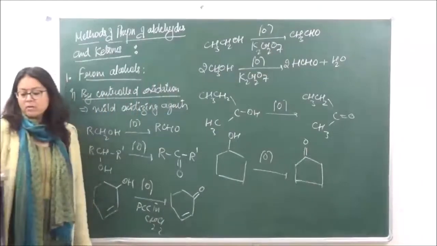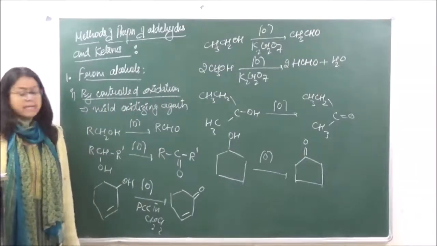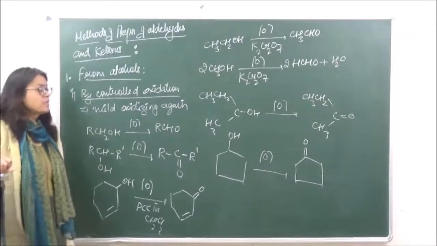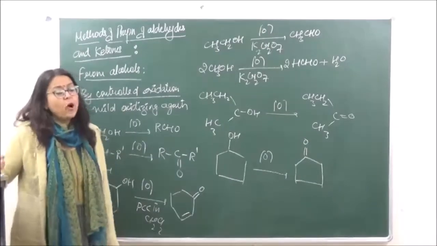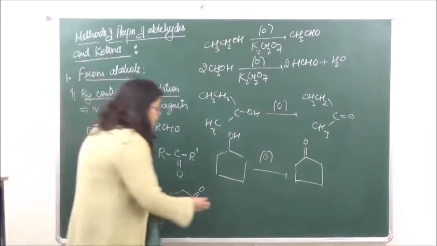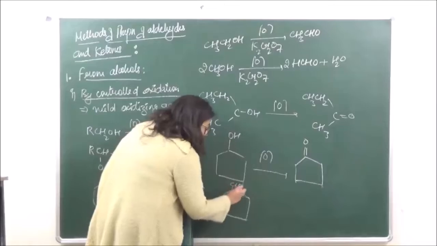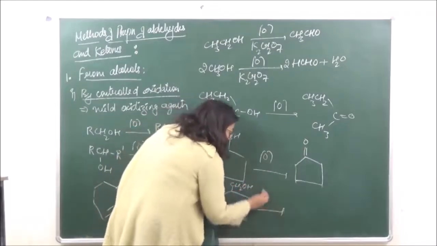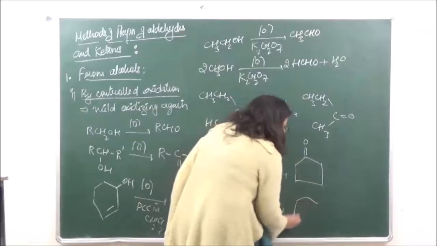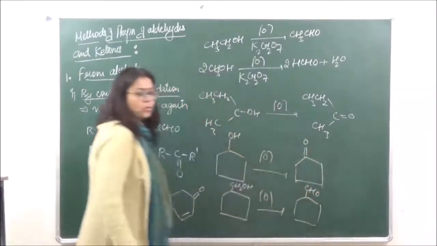So cyclic compounds over here, if the OH is directly attached to the cycle, it is going to be converted into its respective ketone and not aldehyde, right? But if we have a compound with a CH2OH group and we are doing the oxidation of this, it is going to give us an aldehyde, CHO.